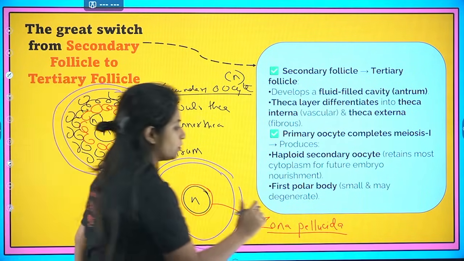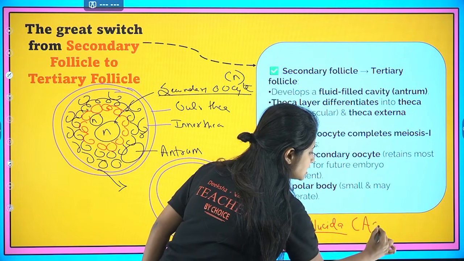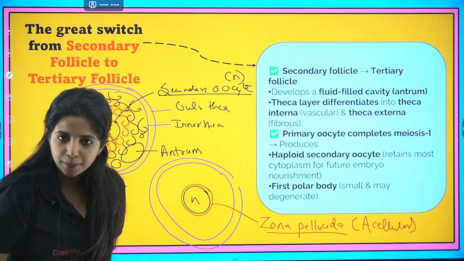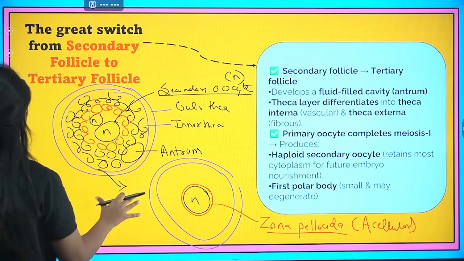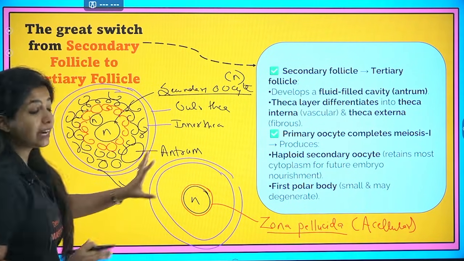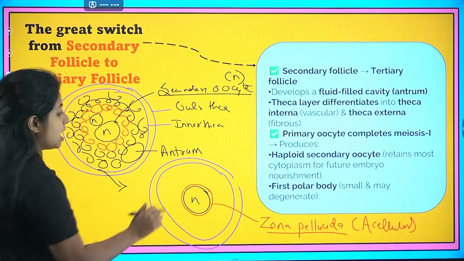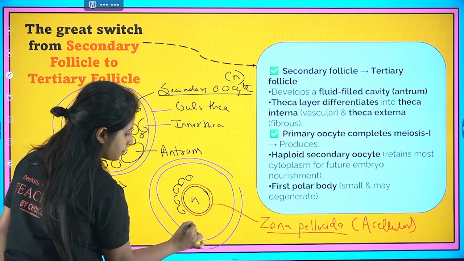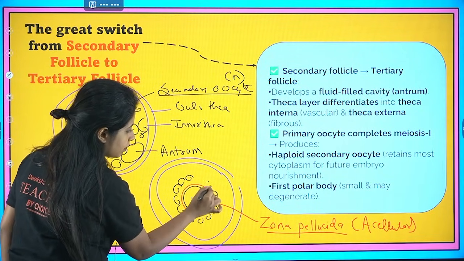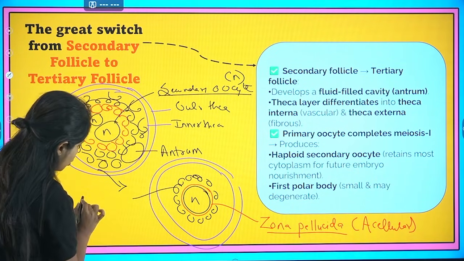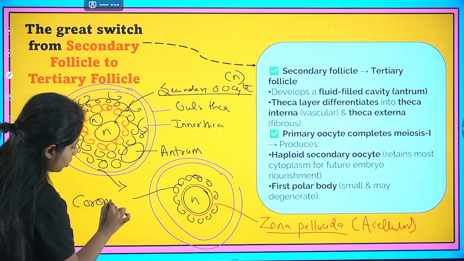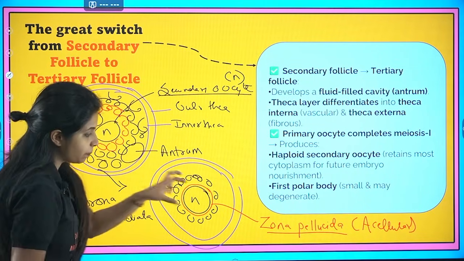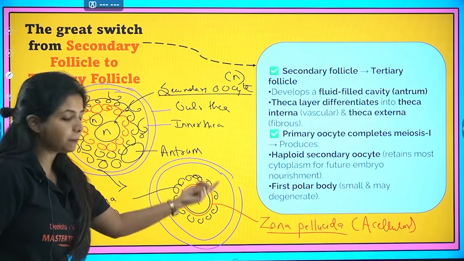It is an acellular layer. And this was made by the secondary oocyte itself. Apart from that, the granulosa cells make one more layer around it, known as the corona radiata. So the zona pellucida is made by the oocyte itself, and the corona radiata is made by the granulosa cells.